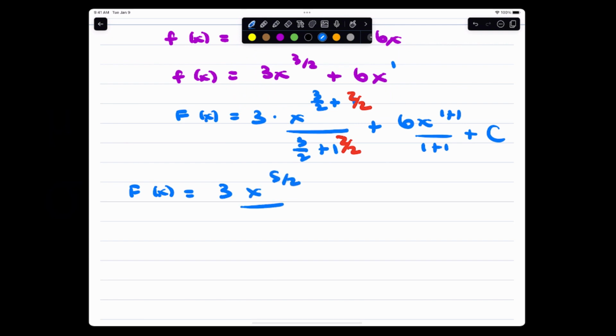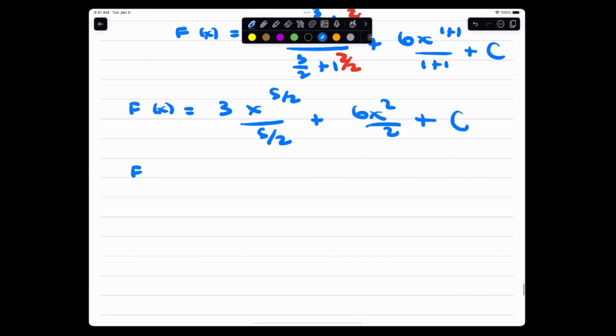Is that true? Check. Okay. So what do you guys think is going to happen with this fraction? And then I'm going to do something here.